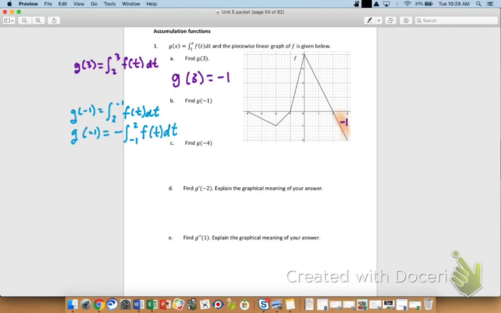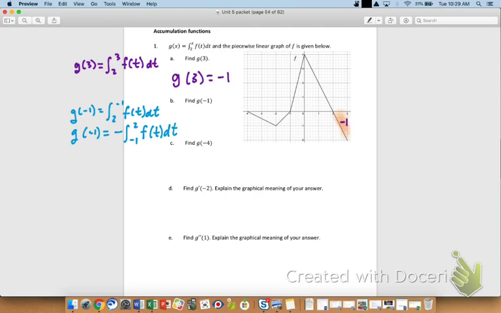So what is this going to involve if I want to actually evaluate this? How do I figure out that blue integral? You have no idea, huh? Accumulate what? The area from negative 1 to 2.